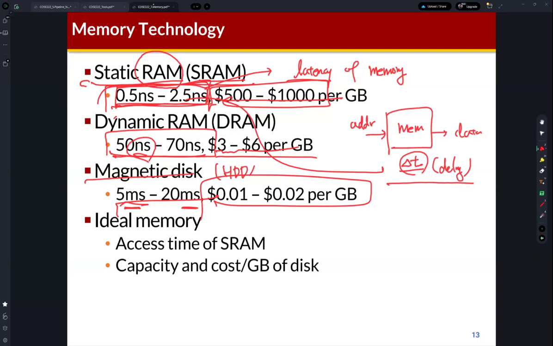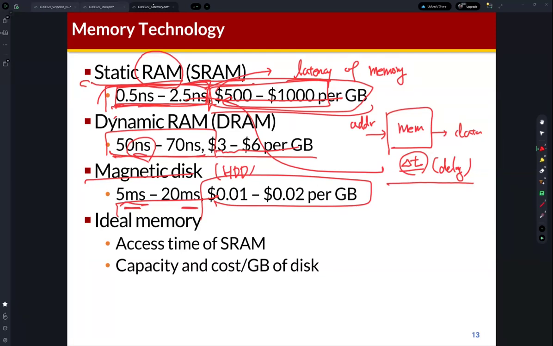Okay? So the problem is that we cannot use this expensive memory for the large memory. This is the cost issue. Also, if we increase the size of the memory, then the latency is also increased.